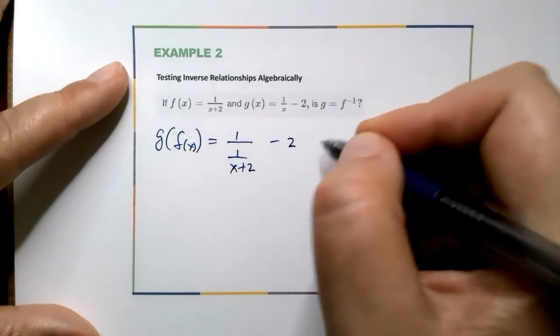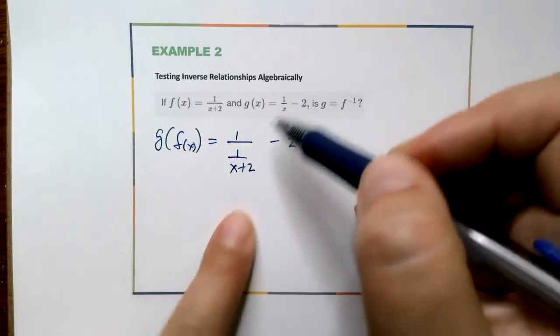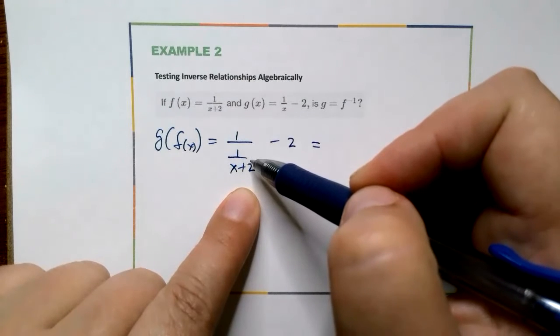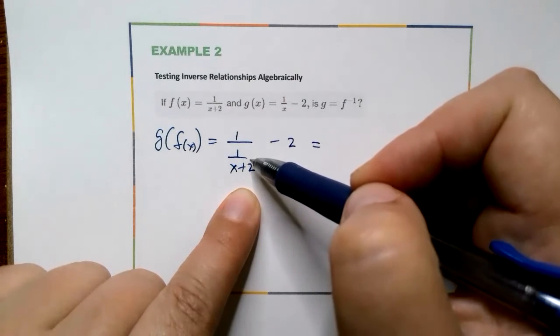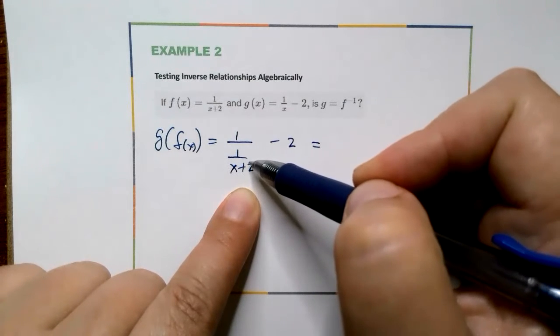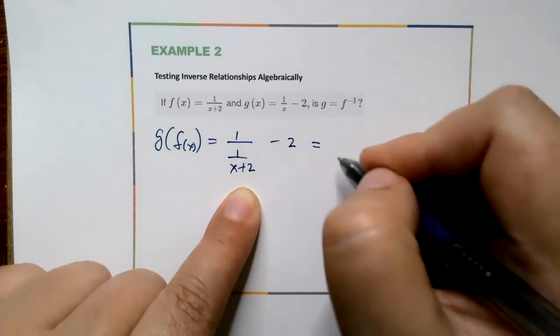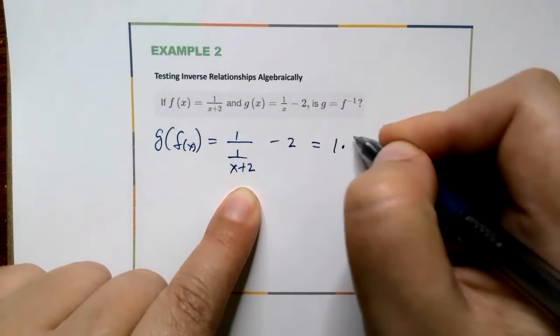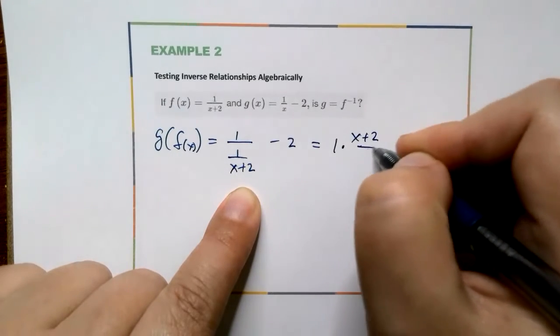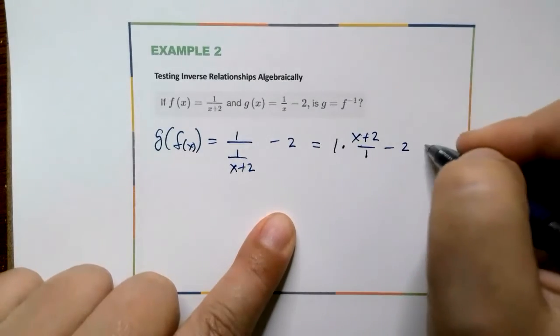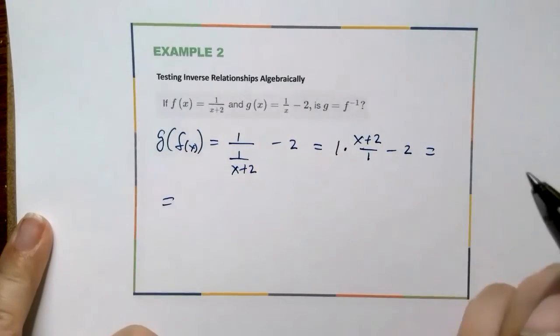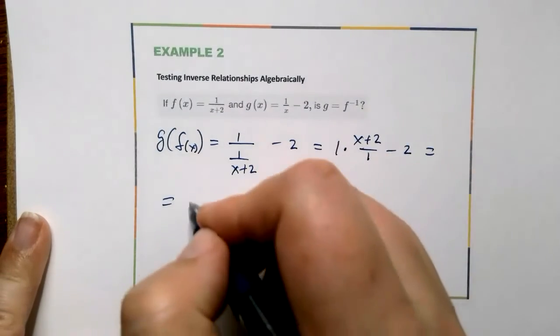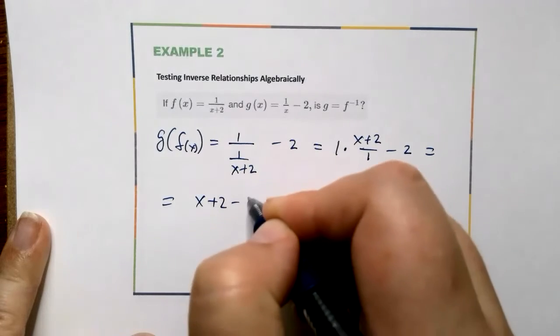I'm going to apply my division by a fraction rule. To divide by a fraction means to multiply by its reciprocal. So I have 1 times x plus 2 over 1, minus 2. What is that equal to? That's just x plus 2 minus 2.